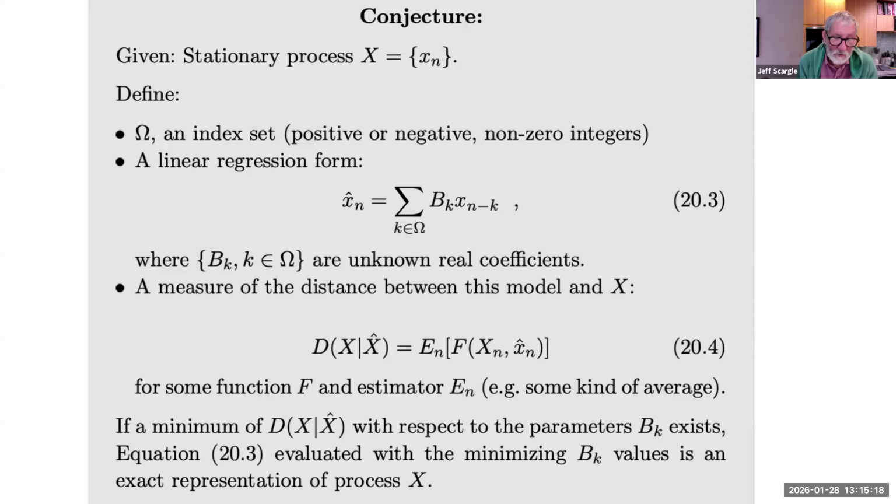Right. Yes. And I wrote it in the most general way I could think of here. This F here could be the innovation. In fact, if it's just the difference between the true value and the predicted value, that's the innovation.